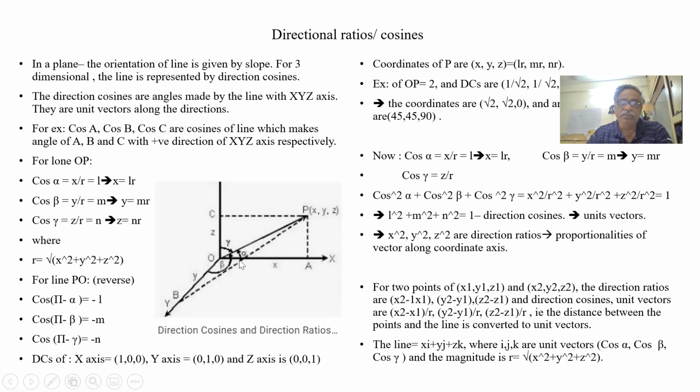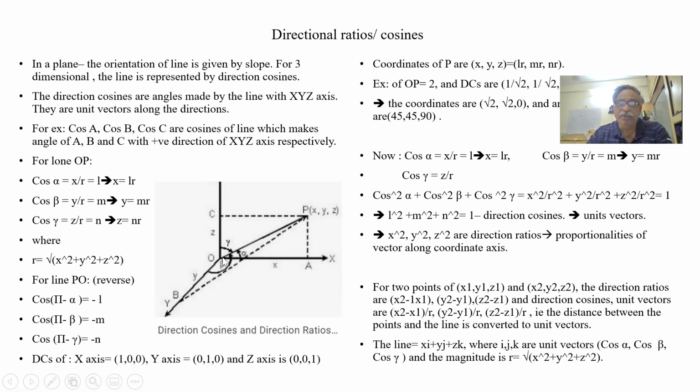What do you mean by unit vector? Cos square alpha plus cos square beta plus cos square gamma is 1, so this is a unit vector, whose length is unit. If you multiply this by r, we get a length of r.